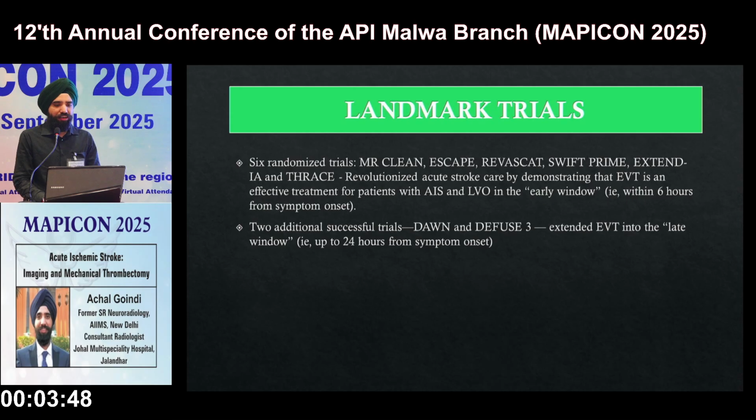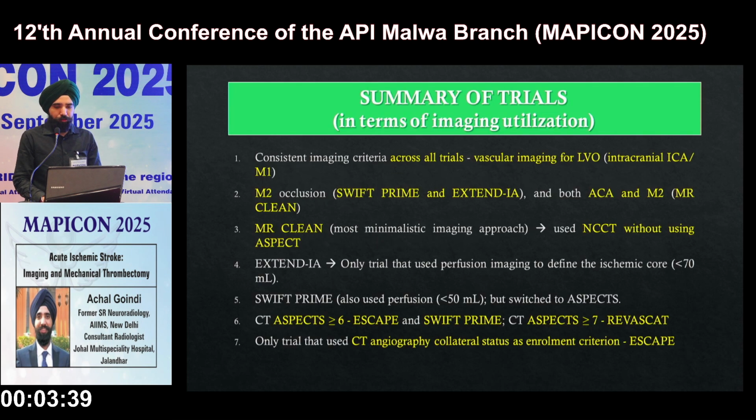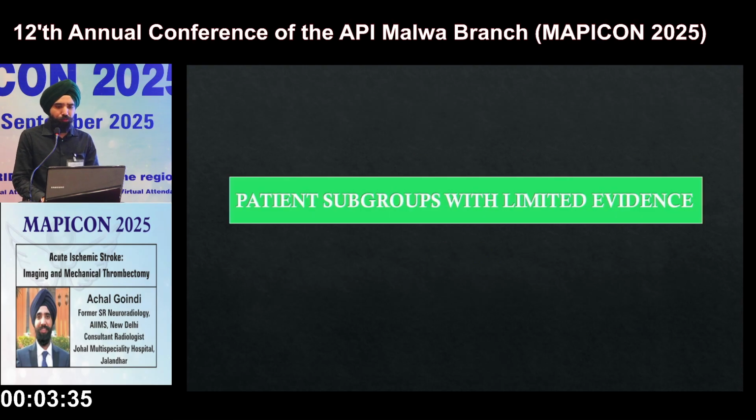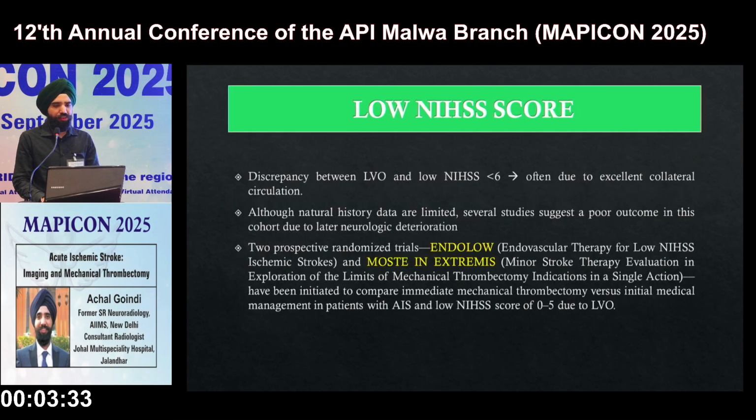So these are some other landmark trials which have happened. Still a lot of work and research is being done, and it is an ever evolving topic. And there is a subgroup of patients with limited evidence. What are these subgroups? Patients with an NIHSS score of less than 6.